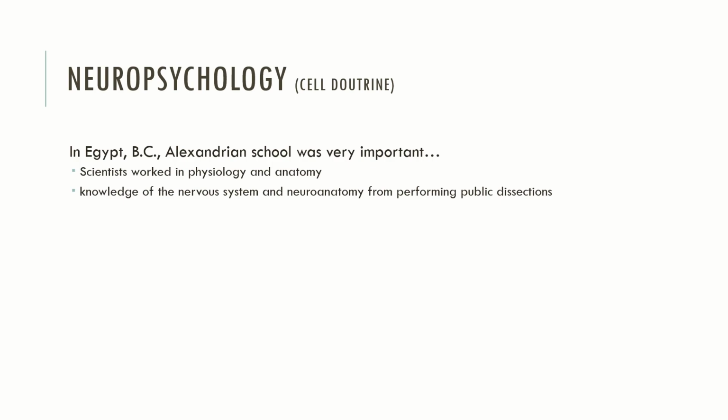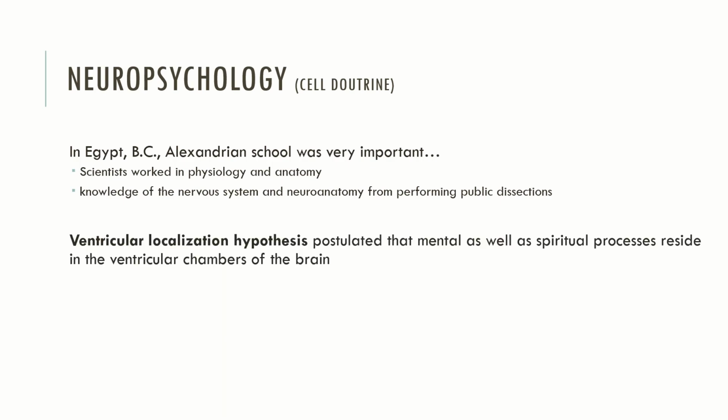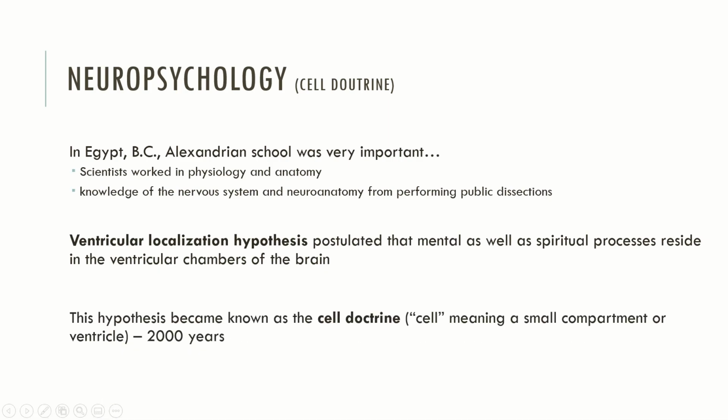So they started to develop what was later known as the ventricular localization hypothesis, which postulates that mental and spiritual processes may reside in the ventricular chambers of the brain. This hypothesis later became known as the cell doctrine, which means that the cell is a small compartment in a ventricle. This doctrine took about 2000 years to develop.